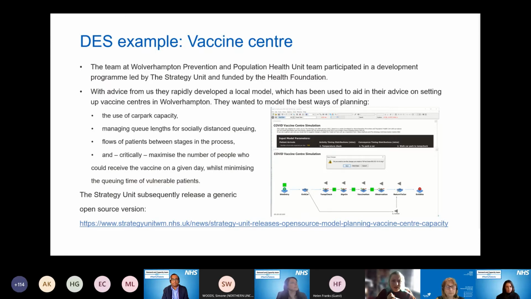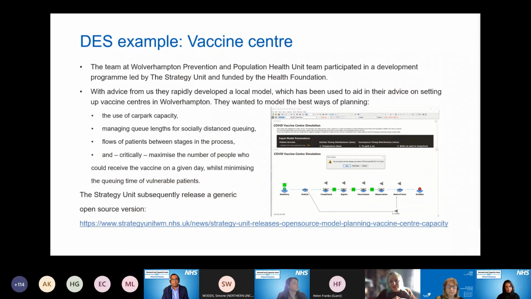What they wanted to do was to use the models to look at things like their car park capacity, to look at managing the lengths of queuing to try and maintain social distancing in their queues. So it also involved looking at what the capacity was in terms of how many people they could queue in a space and still keep them separate.